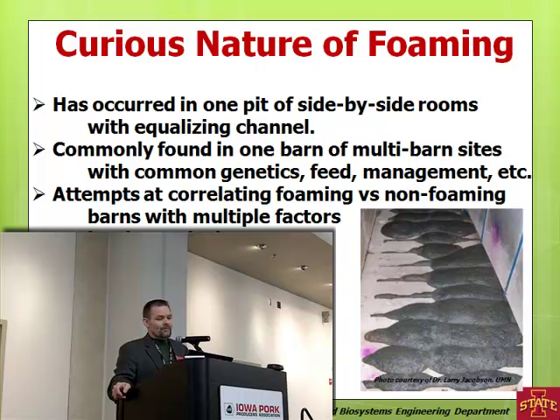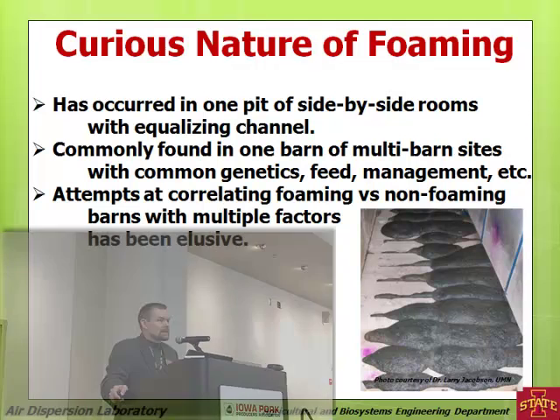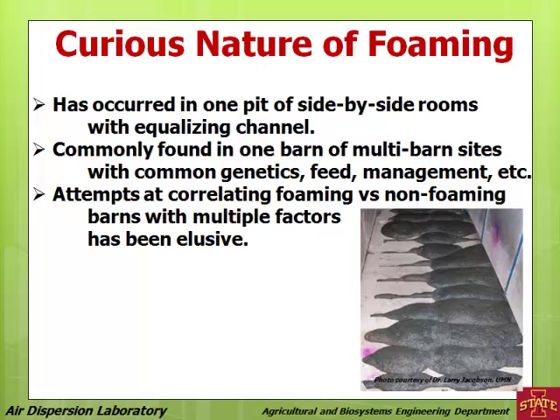Some things about foaming that makes it complicated, to be honest about it. It has occurred in one pit of side-by-side rooms with equalizing channels. Right? Same genetics, same everything. One side of the building foams, the other side doesn't. Commonly found in one barn to multi-barn sites with common genetics, feed management, etc. Attempts at correlating foaming versus non-foaming barns with multiple factors has been elusive.